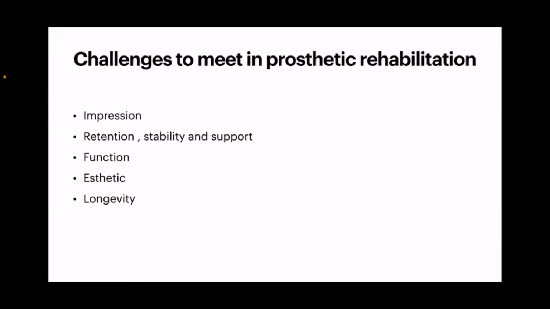Another challenge is giving functional rehabilitation. The maxilla, as we all know, plays a critical role in speech, swallowing, and mastication. Therefore, reconstruction of maxillectomy defects is particularly challenging for head and neck reconstructive surgeons. Also, post-surgical maxillary defects predispose the patient to hypernasal speech, leakage of fluid into the nasal cavity, and impaired mastication.